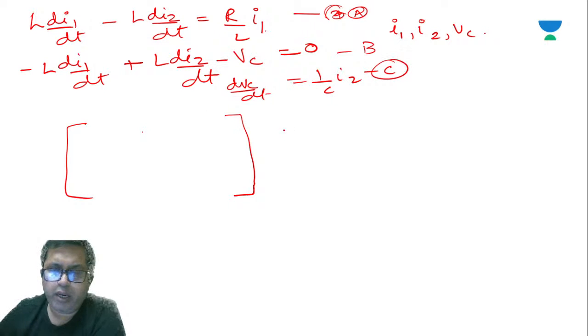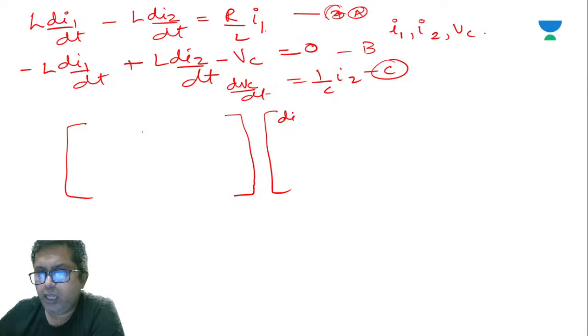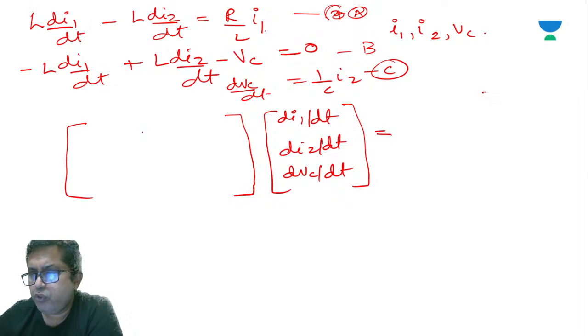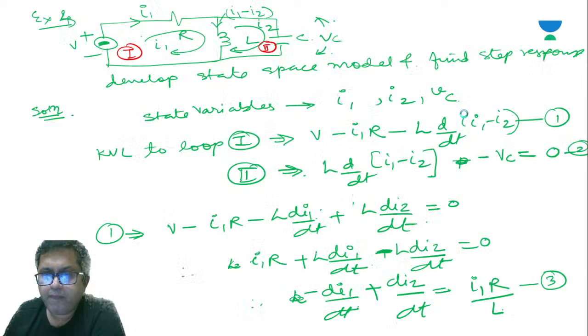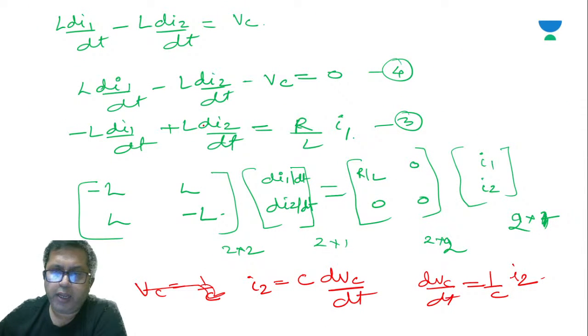These three equations, how can I write them? di1 by dt, di2 by dt, dVc by dt is equal to the state equation. This is V, not 0, and this is minus V.